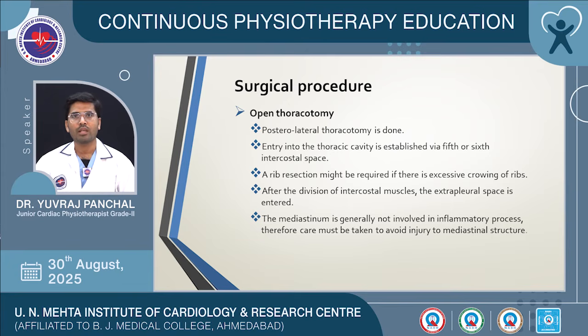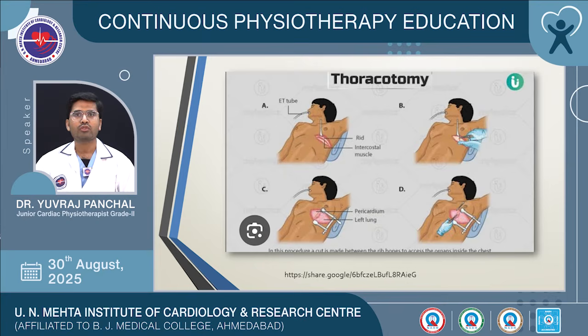Posterolateral thoracotomy is done. Entry into the thoracic cavity is established via the 5th or 6th intercostal space. I show you in this image, entry into the thoracic cavity via the 5th or 6th intercostal space.